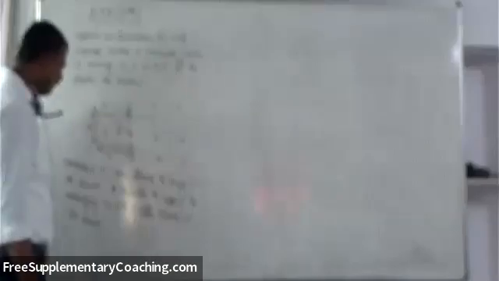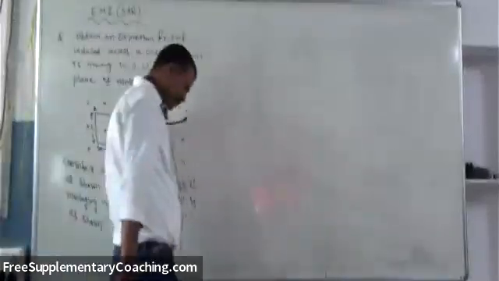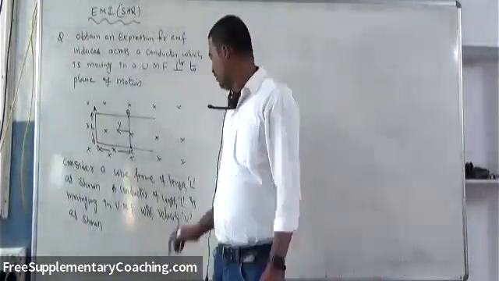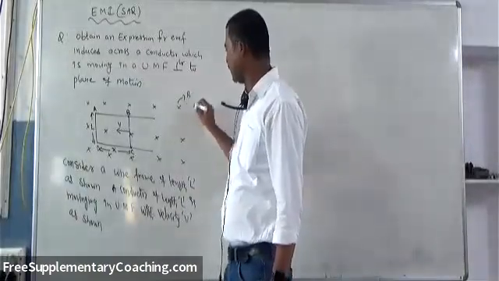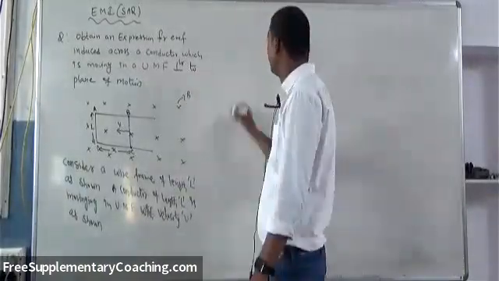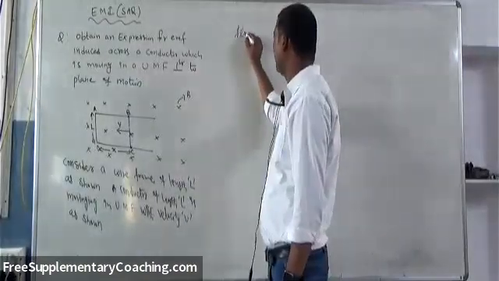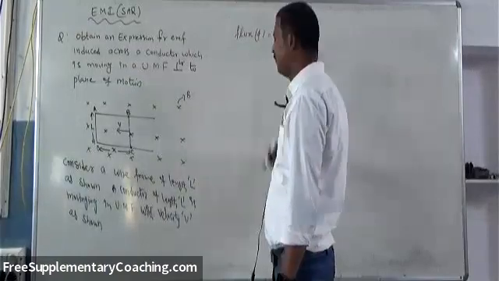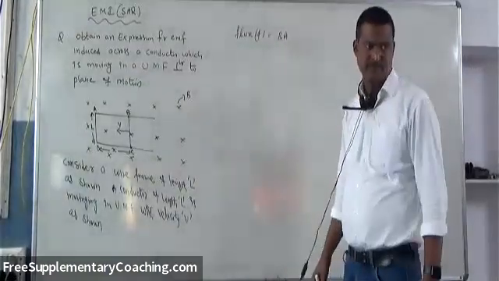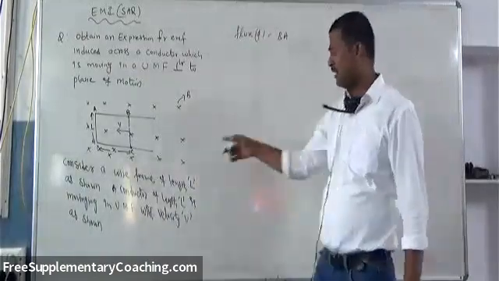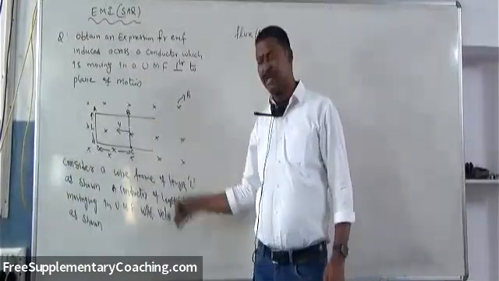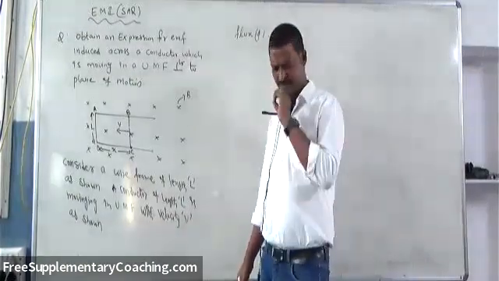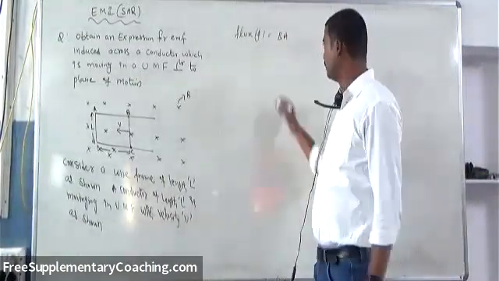Okay. Now, as per this diagram, I can say the flux. Flux is magnetic field into area. So consider this magnetic field is B, a constant magnetic field strength. Then the magnetic flux phi is equal to BA cos theta, but here theta is 0 degrees, since the area vector and magnetic field are parallel.